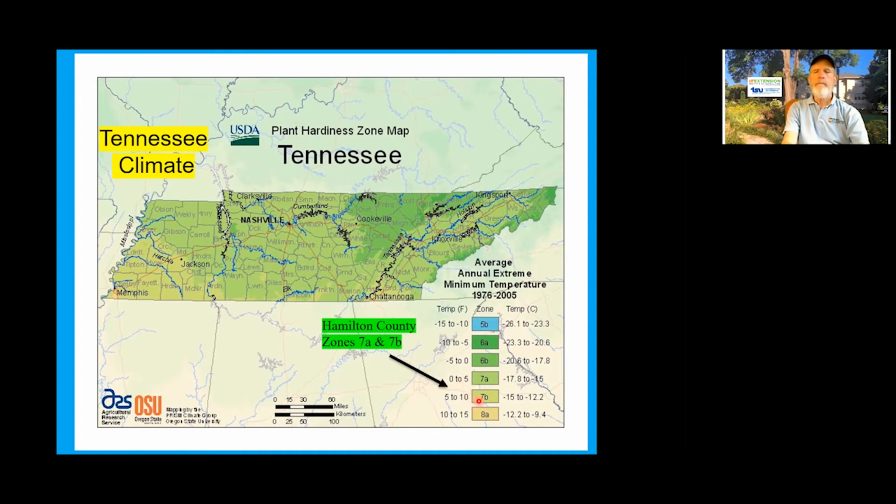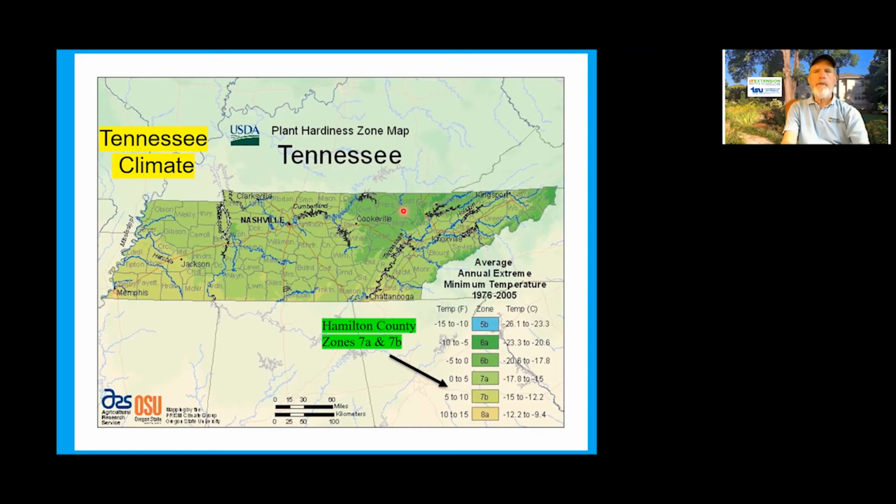Whereas the valleys here in downtown Chattanooga and most of the areas are going to be a little higher, a little warmer, not much. But what this means is just a rough and dirty way to gauge what can grow here. If we look back over here, and I don't see any blue, but the green in Tennessee, around Cookeville there, you'll see that that's a little bit cooler, -10 to -5.